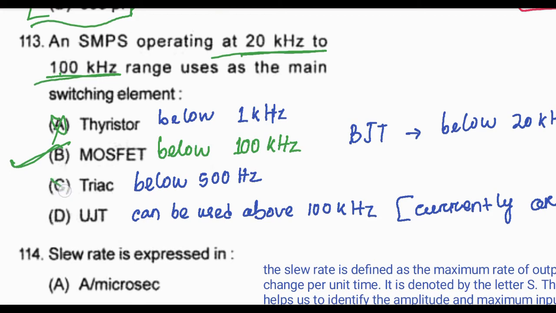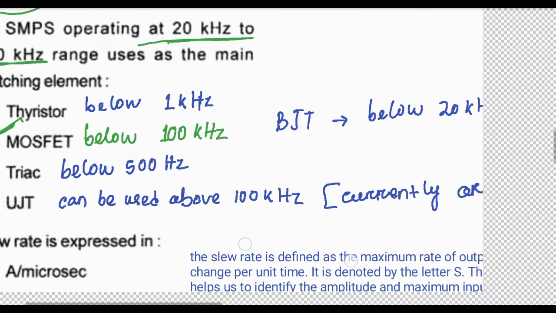So this is not preferable. Next one is UJT, unijunction transistor, and this can be used above 100 kilohertz. But the range is given to be 20 kilohertz to 100 kilohertz. So here the most preferable is Mosfet, and currently UJT is not used.